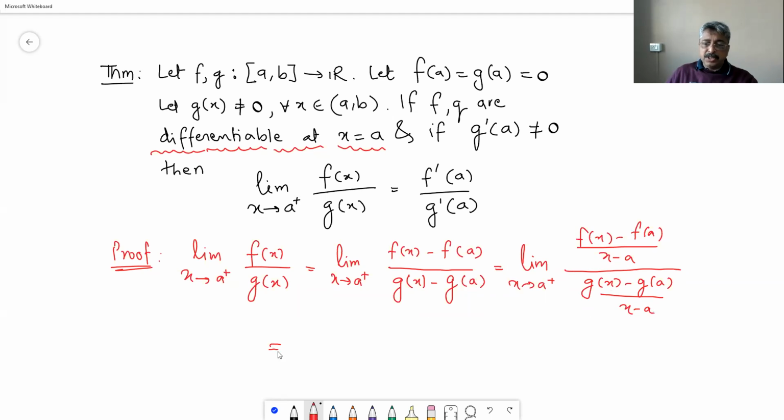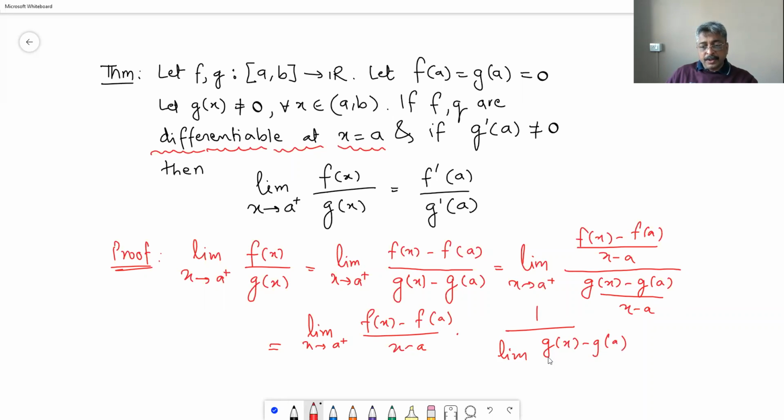Therefore, the next step is I can split the limit: limit of f of x minus f of a upon x minus a, into 1 upon the limit of g of x minus g of a upon x minus a as x tends to a plus.